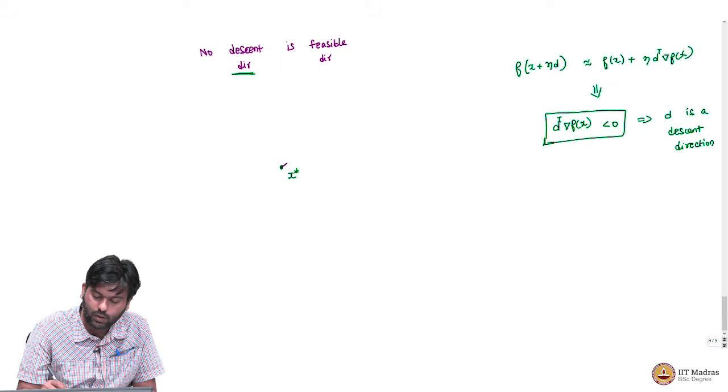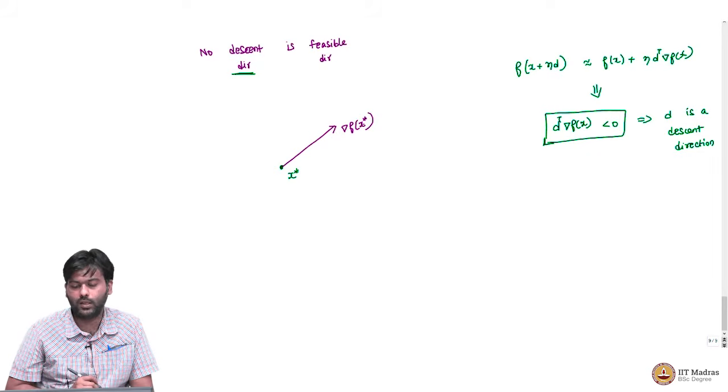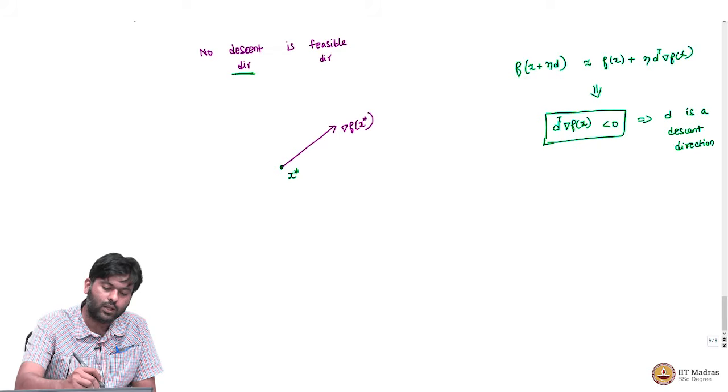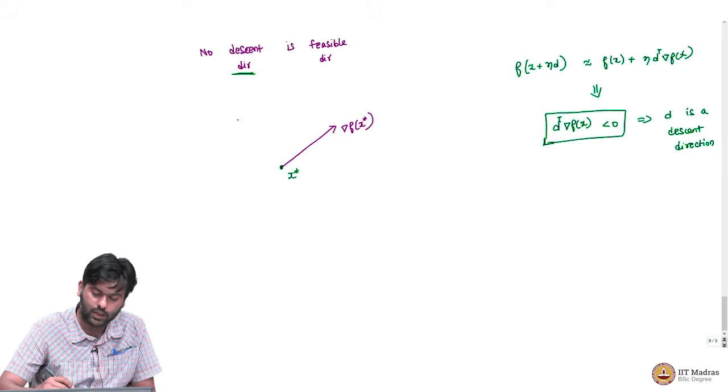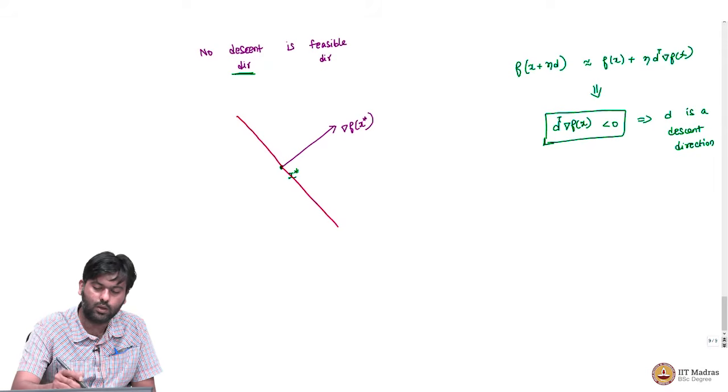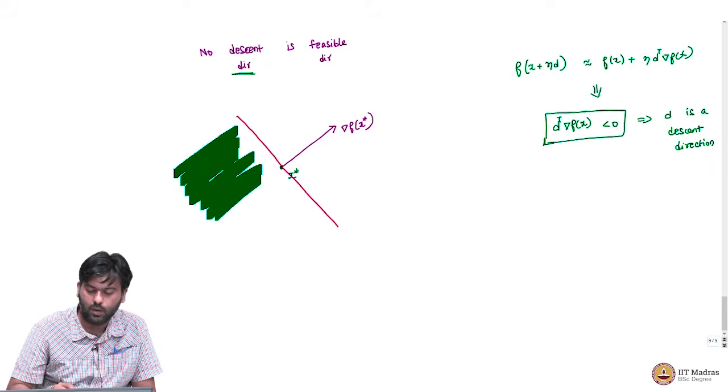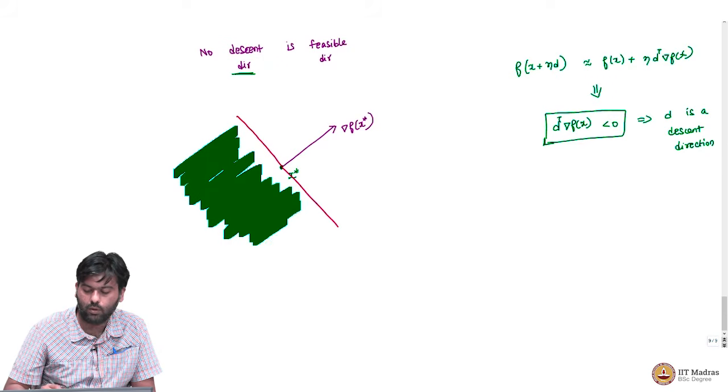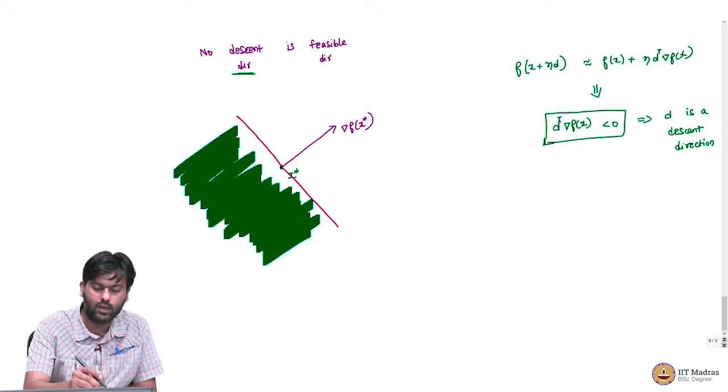In particular, if the gradient del f of x star points in a certain direction, let us say in this direction, then where are the descent directions? Well, the descent directions we just saw earlier are going to be here. Any direction which makes a negative dot product with the gradient vector is a descent direction, right.